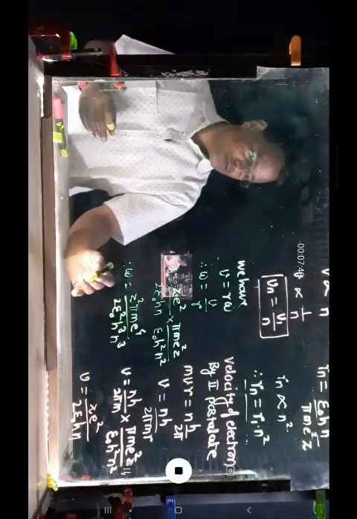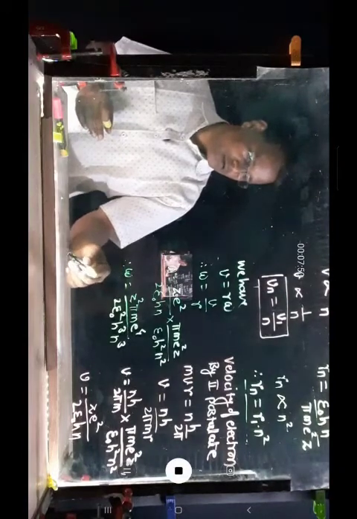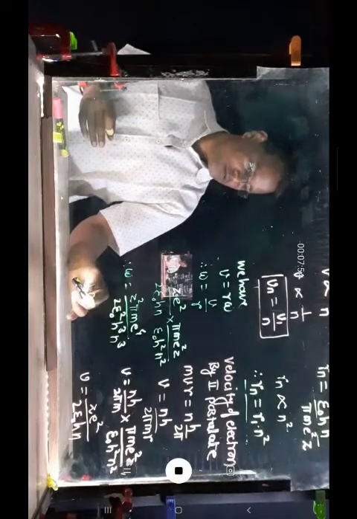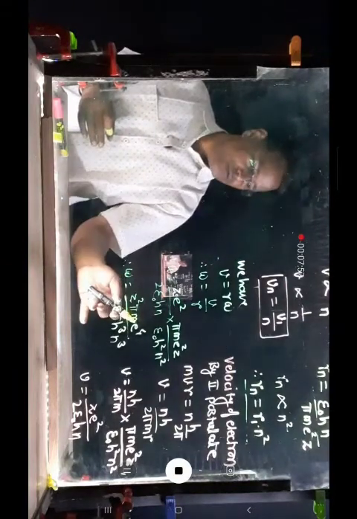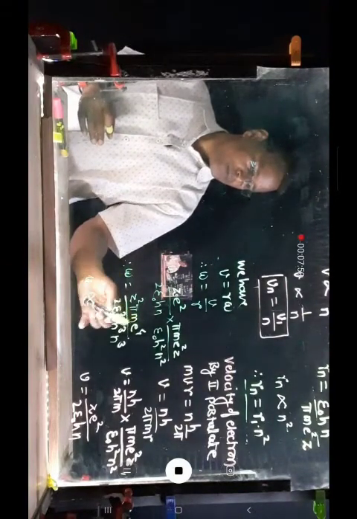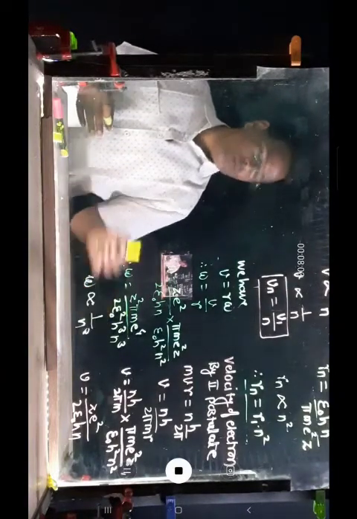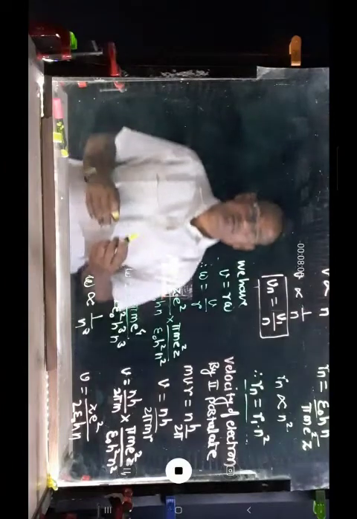This means omega is inversely proportional to the cube of the principal quantum number.